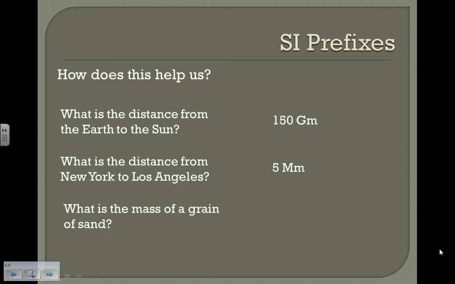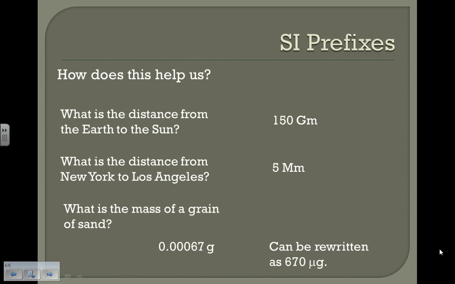And so now we go the other way. If we talk about the mass of a grain of sand, that's going to be something very small. That's 0.00067 grams. That's a tiny, tiny number. We can rewrite that, instead of 0.00067 grams, as 670 micrograms.